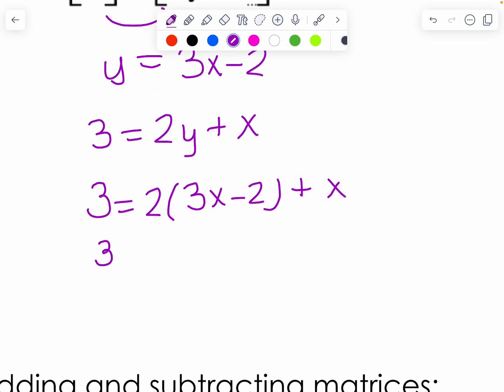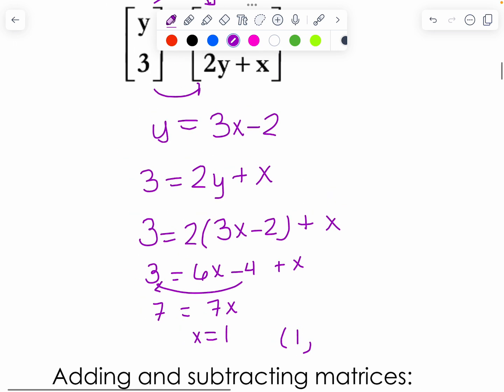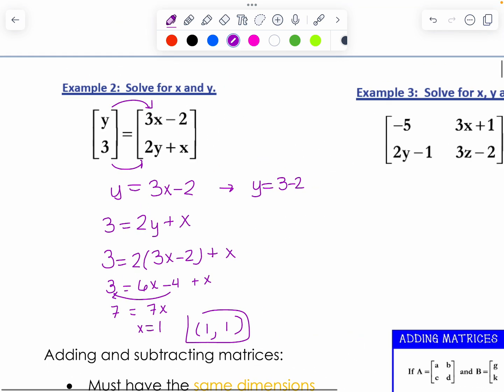So I have 3 equals 6x minus 4 plus x. I can move this over to this side: 7 equals 7x, x equals 1. So my x is 1. My y would be y equals 3 minus 2, which is 1. So I have my ordered pair of 1, 1.